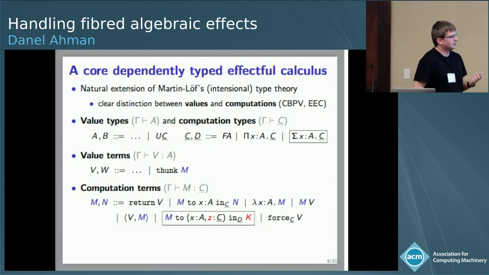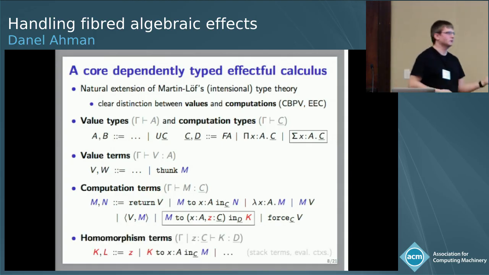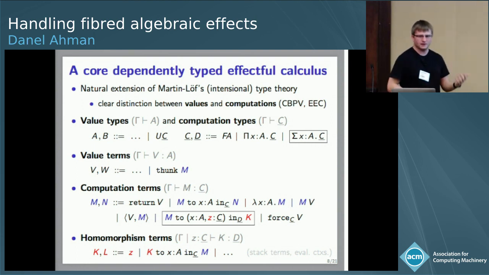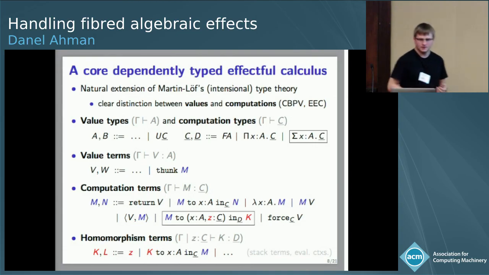Because the sigma type will get eliminated into a pair of a value and a computation, you need to make the notion of evaluation context or stack terms, or what we call homomorphism terms in this calculus, explicit, because you need a certain subclass of computation terms that are guaranteed to behave well and not discard the computation variable or duplicate it arbitrarily. So yes, that's the calculus that was in the Fossacs 16 paper.